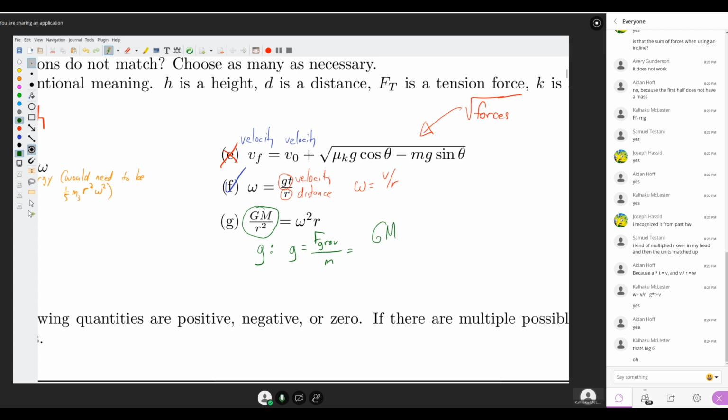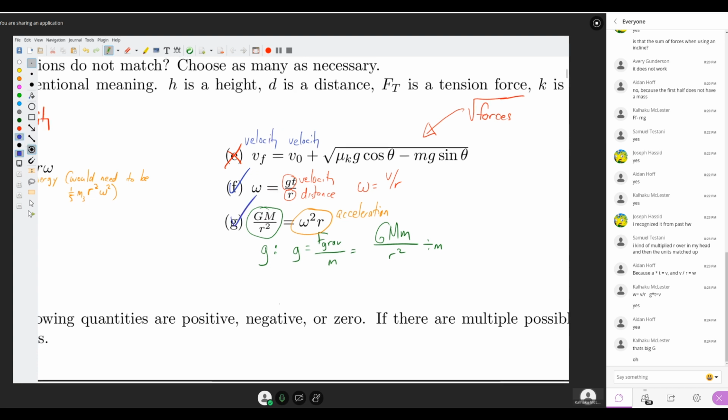So that's GMm over r squared divided by little m. So you recognize the thing on the left as an acceleration, and you can recognize this thing on the right also as an acceleration, because that's the formula for centripetal acceleration. So this one also checks out.